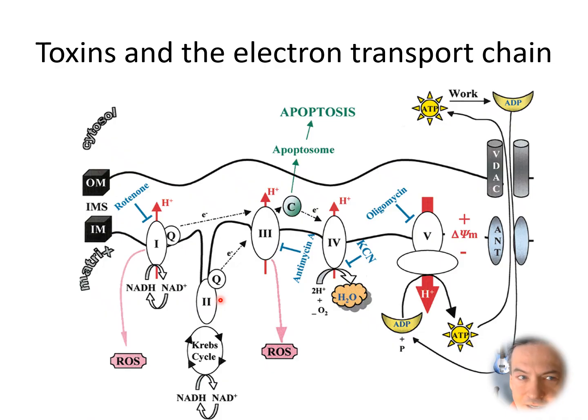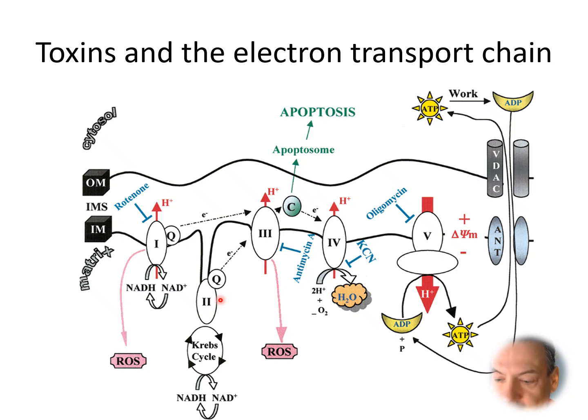Now, I do want to hit the electron transport chain a little bit more because it can be affected very easily by toxins, and a number of toxins developed by organisms to kill other organisms work a lot on the ETC. Now remember, the ETC is in every one of your mitochondria, and it's its own independent organism, but you cannot survive without them. They generate 98% of your energy, so you are not able to survive without them operating fully.